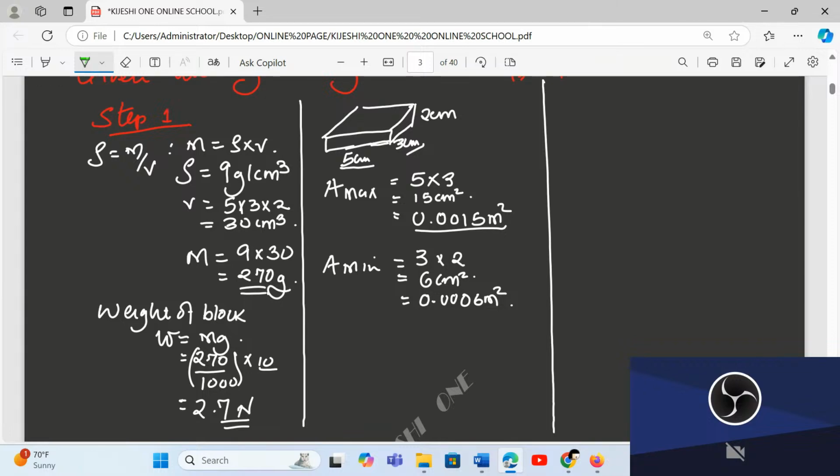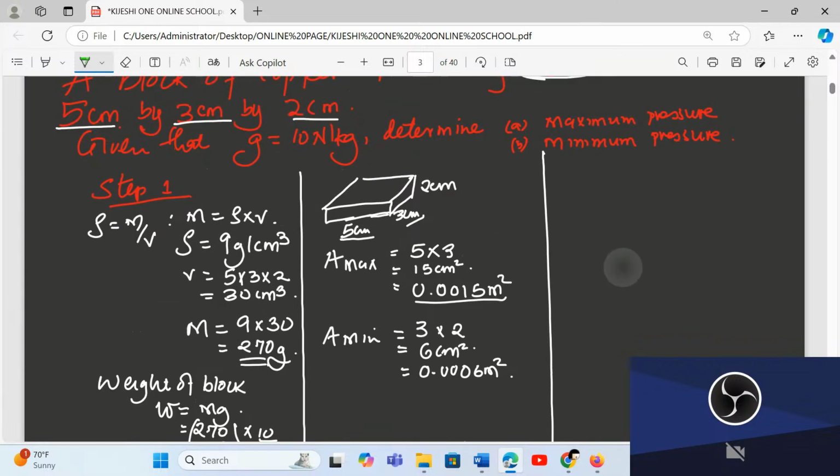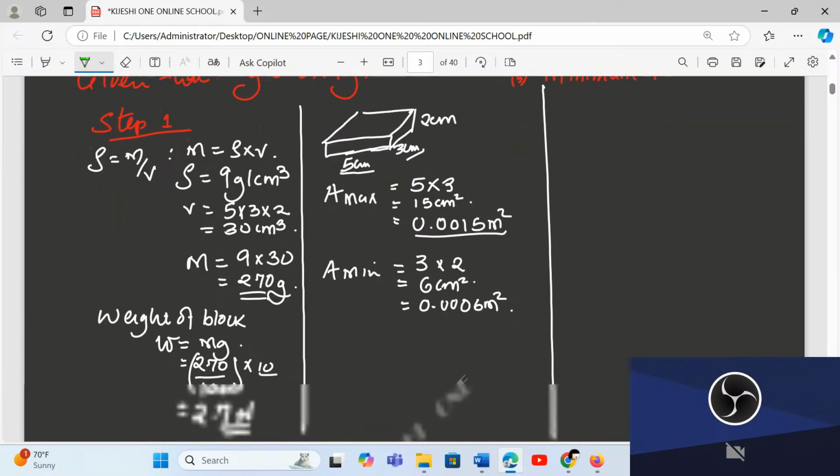Then we can go for the first question, that is maximum pressure. Let's see. Maximum pressure will be given by the weight W over area minimum.